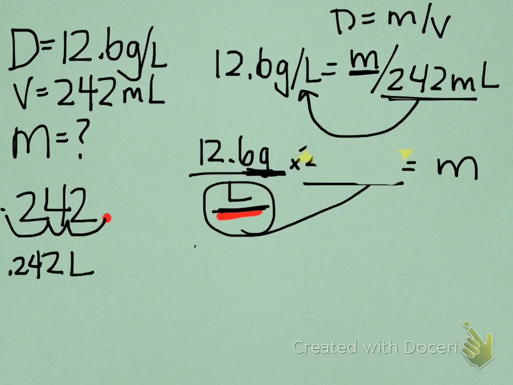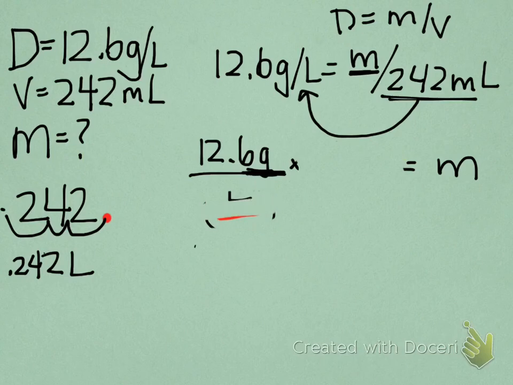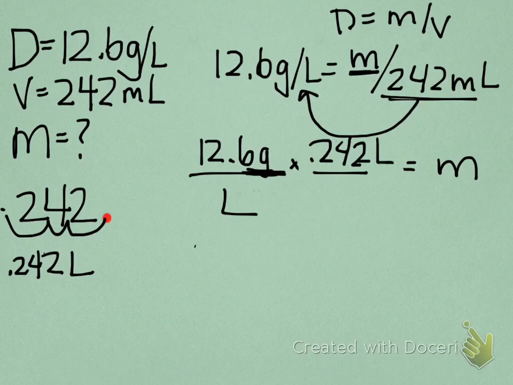We're going to plug that back in here. So it's the same value, it's just written with a different unit. 0.242 liters. So now my liters cancel. I'm going to be left with grams, which is a mass unit, okay?